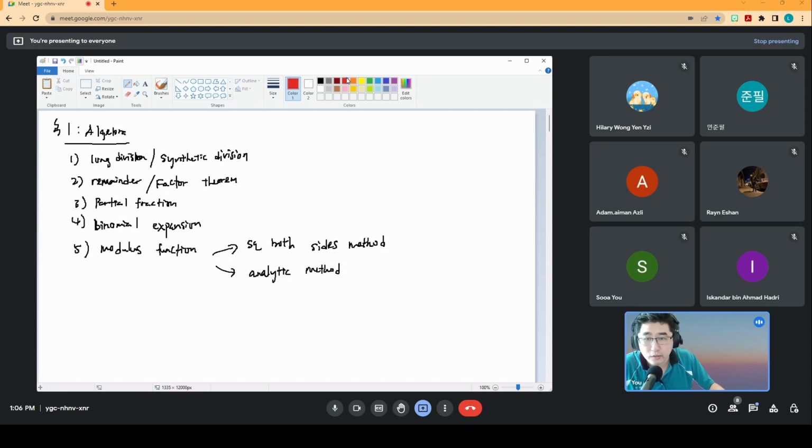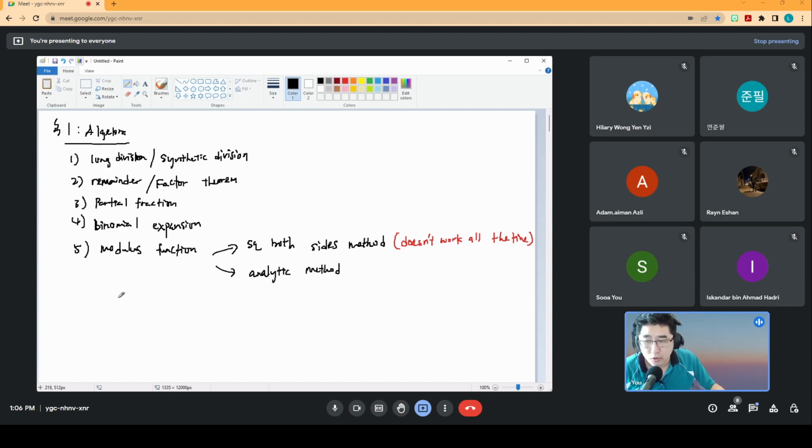You have to understand that the square both sides method doesn't work all the time. So I will go only to the analytic method.